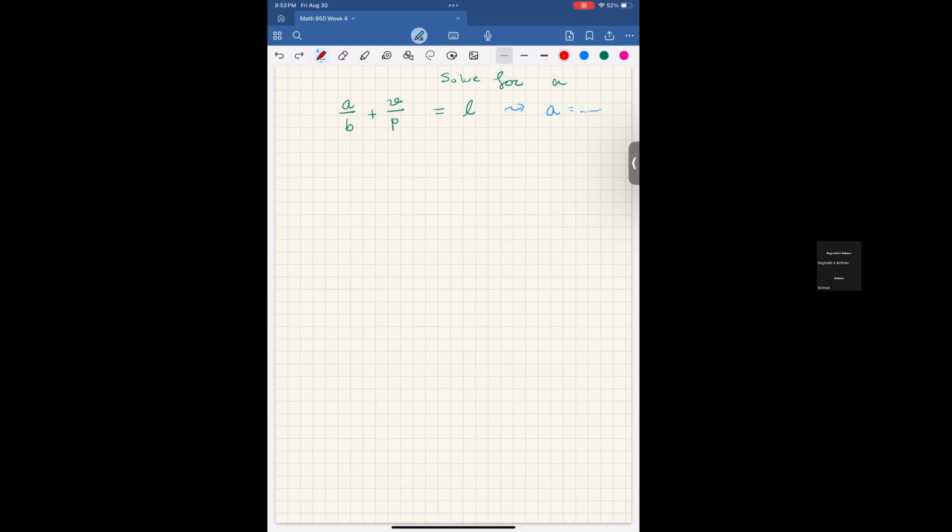So if we did that, we could basically imagine this problem being a more sophisticated version of an additive inverse one-step problem statement, where all we need to do is move that V over P term from the left side to the right side of our equation using an additive inverse. So let's go ahead and do that. All we're going to do is add a negative V over P to both sides of our equation. When we do that, we get V over P plus negative V over P. That's going to give you 0.